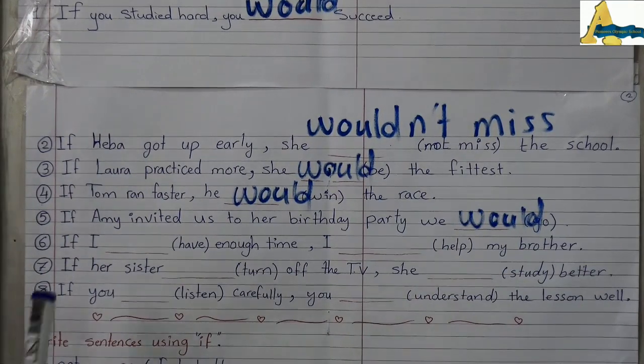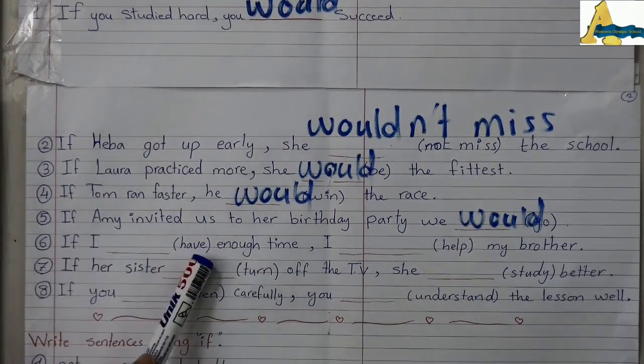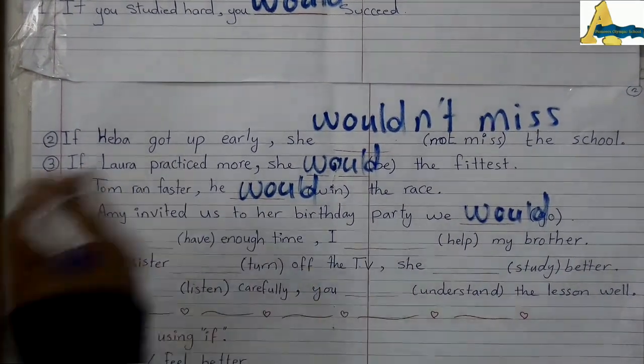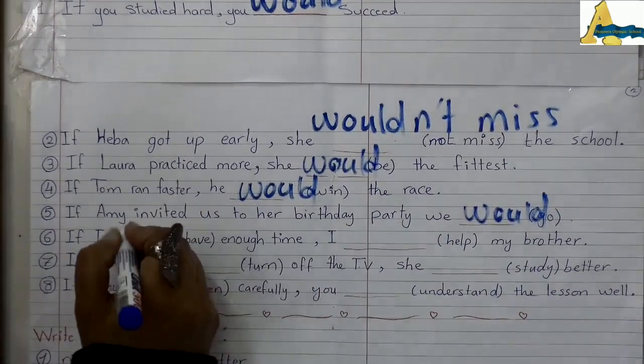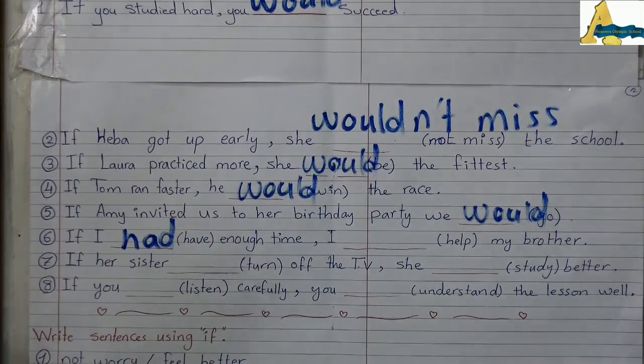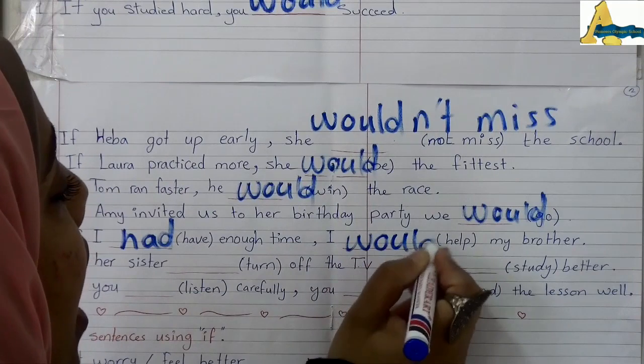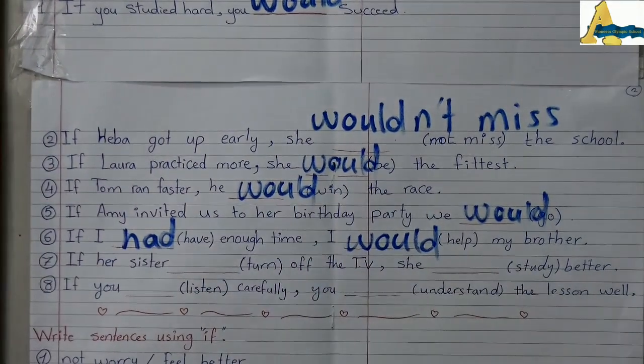Number 6, if I, and here we use have, so we will put it in the past simple, which is had. If I had enough time, I would help my brother.